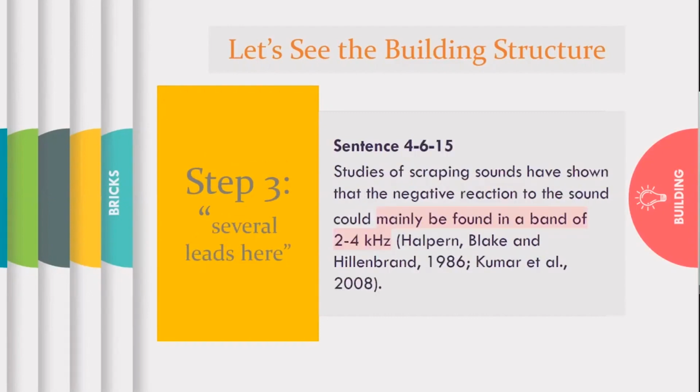Leads. I have shared 3 leads. That is step 3. Leads as in, first lead is when the writer is talking about frequency. So this frequency, human mind finds unpleasant. That's one lead.